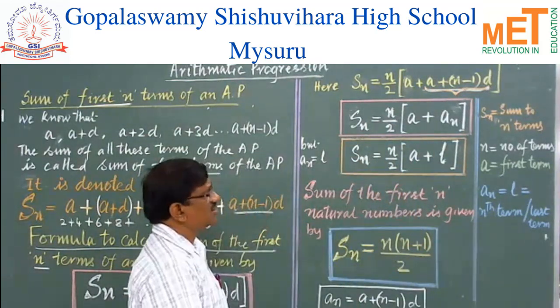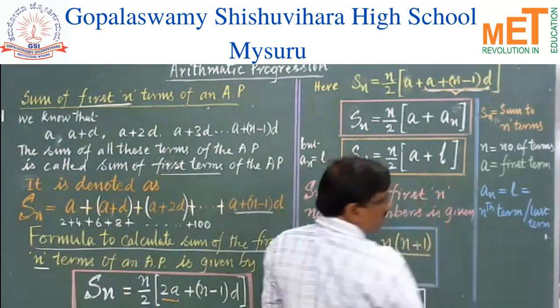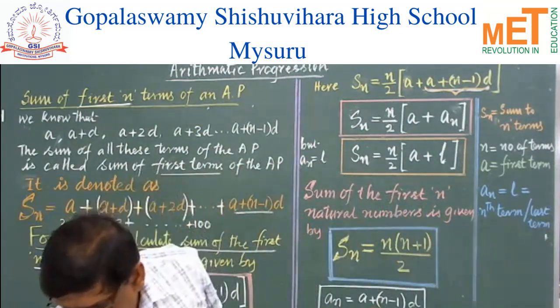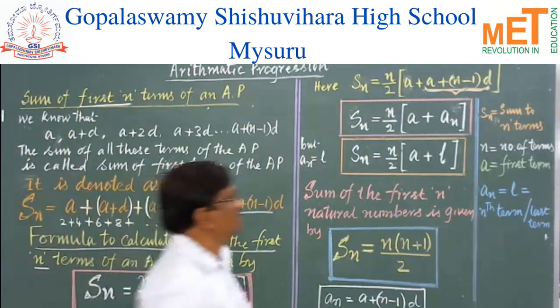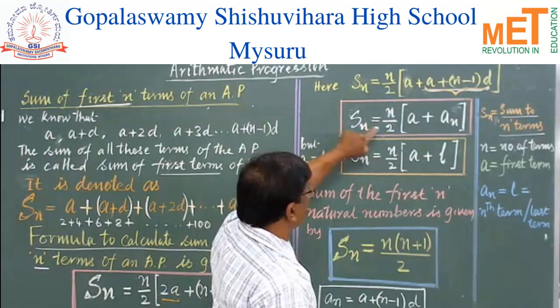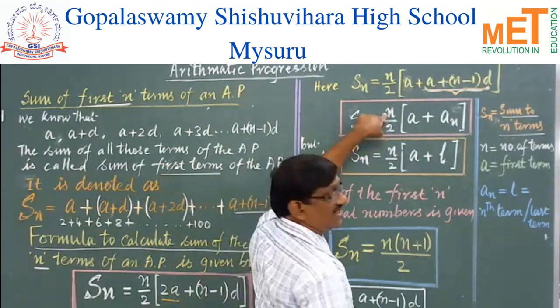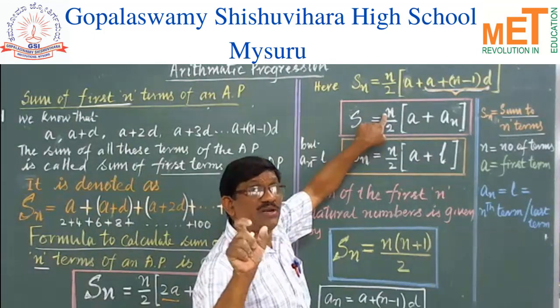Let us see what all these terms indicate. Sn indicates the sum of the terms, the sum of the n terms. Next, what does n indicate here? n indicates the number of terms in the arithmetic progression. How many terms you are adding?